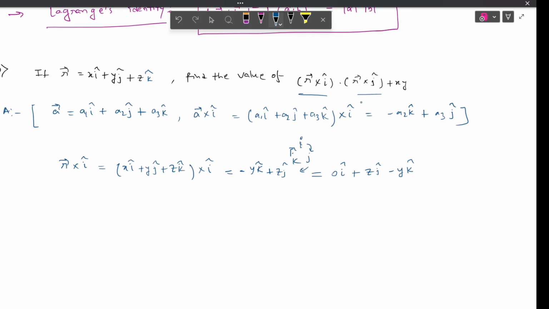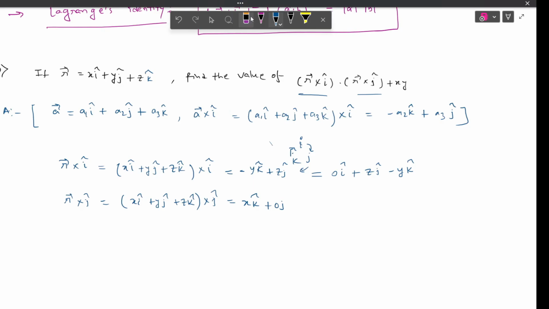And we have to find out r cross j. So r cross j would be, r vector is x I cap plus y j cap plus z k cap, multiplied with j cap. We will get I cross j, which is k cap, so x k cap. J cross j is 0, so 0 k cap.